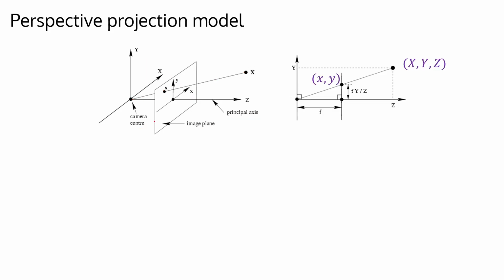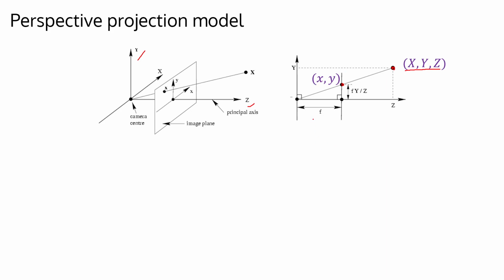So now we can take a slice of this, including the y-axis, and then you can see the small x is right here, and the capital X is right here. So we signify capital X by x, y, z, and small x by x and y on the imaging plane.